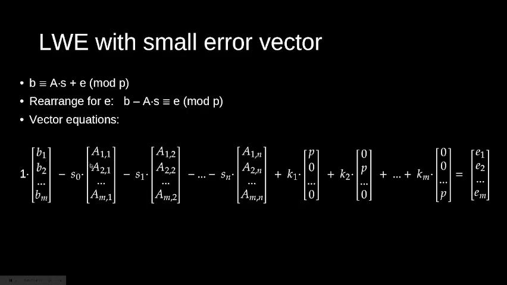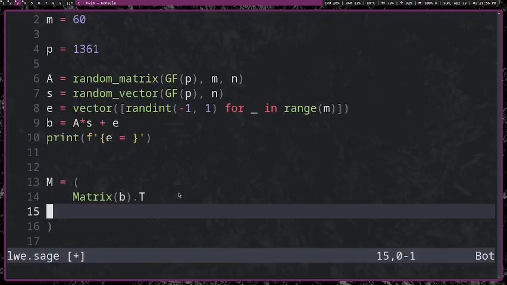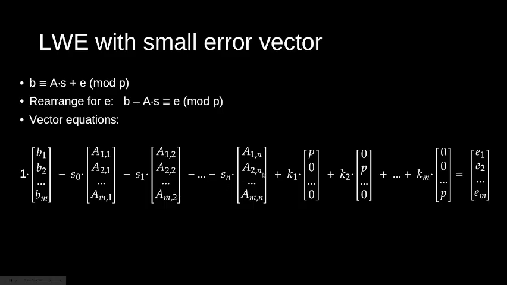Then we want to join all the A's on the right hand side. So I'll do augment A. And then we have a diagonal matrix of the P's, which is up to length m.